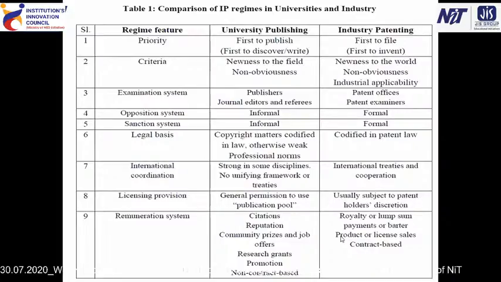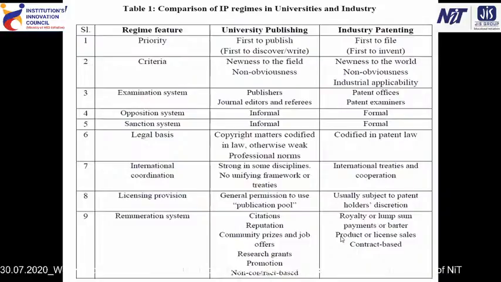How different? This is the legal basis. Copyright matters are conferred; this is in law, otherwise weak professional norms. This is codified in patent law. In the licensing provision, international coordination is strong in some disciplines, unifying the framework of the trade. This one has international territory and cooperation also.